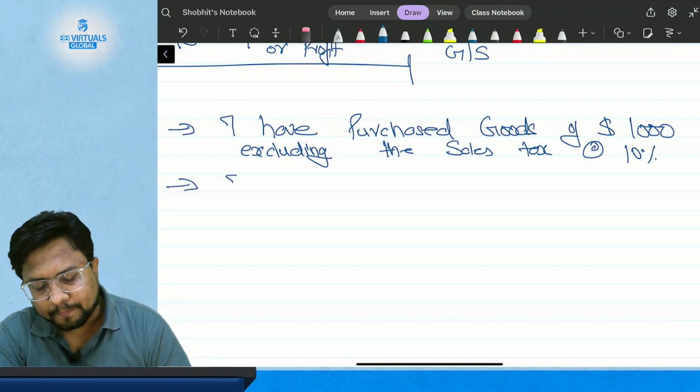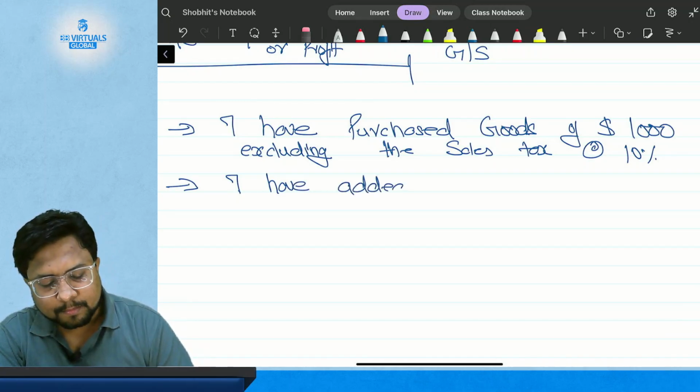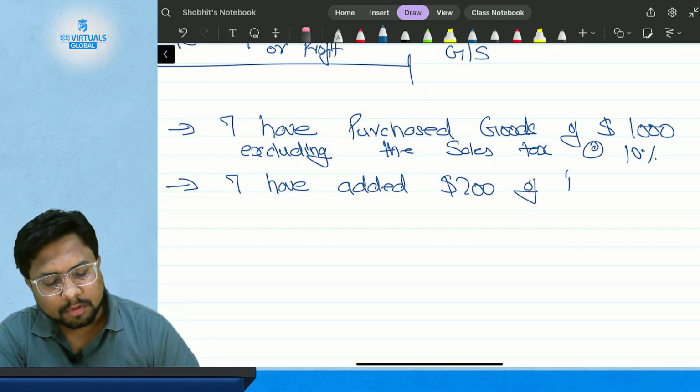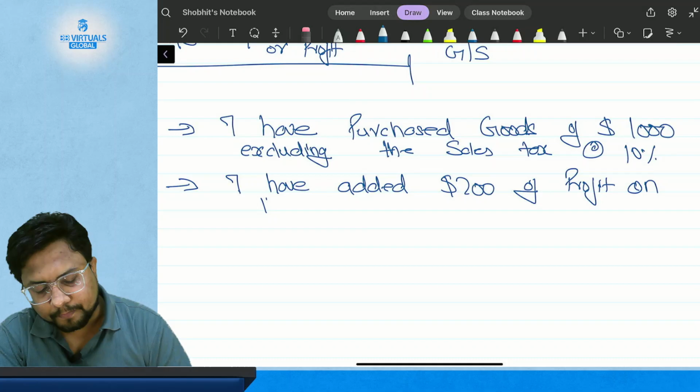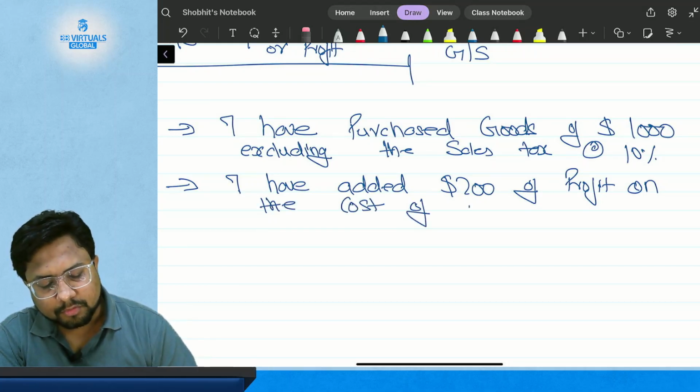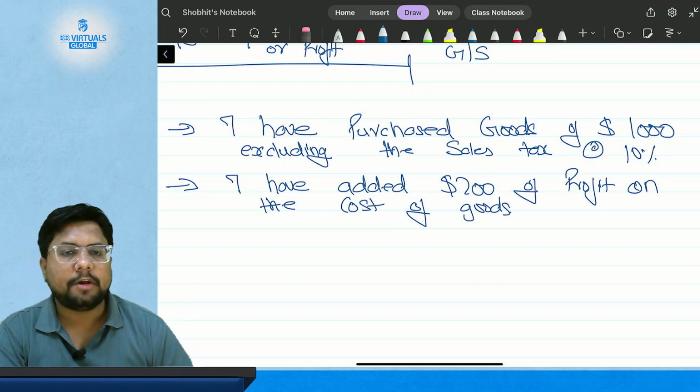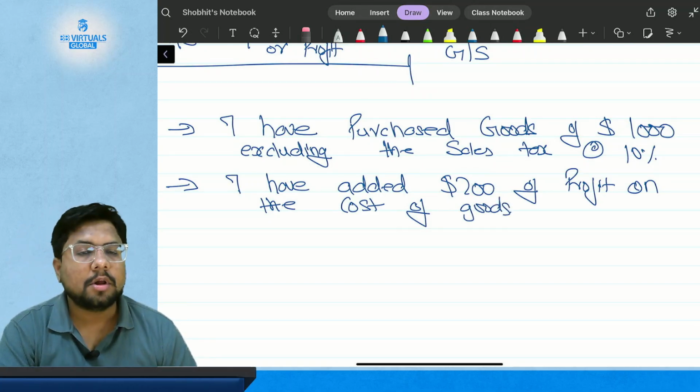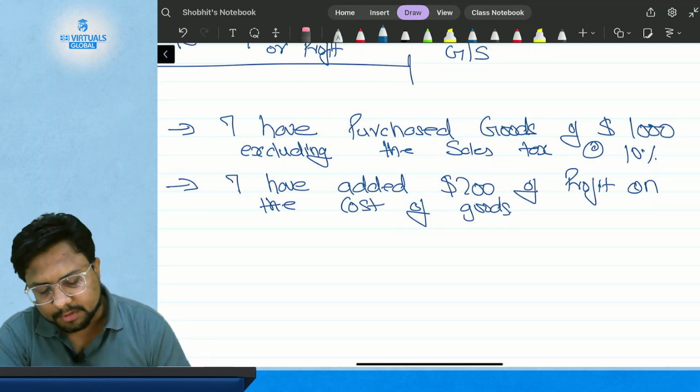Then I have added $200 of profit on the cost of goods. Then I have added $200 as my profit margin on the cost of goods.